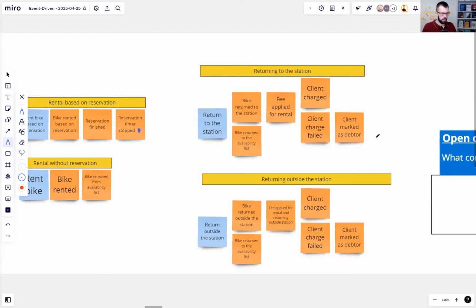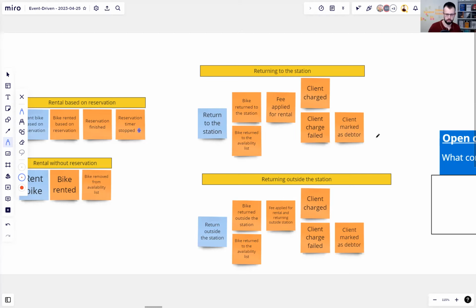I think that we also have a few processes that are different from the business perspective, but the mechanics are similar. For example, returning and charges.